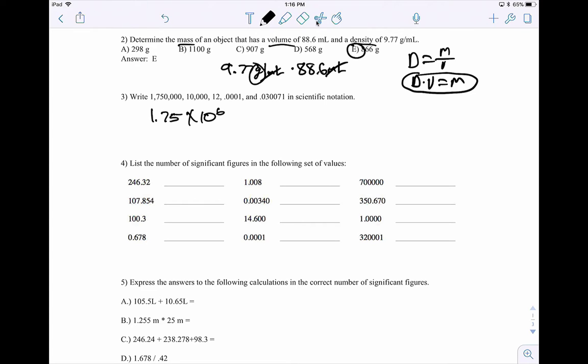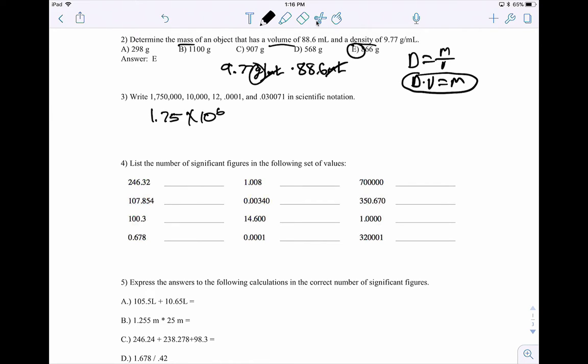If we move the decimal over 6 places back to the right, we should get this original number. So let's see. 175, and we had 1, 2, 3, 4 zeros. So 1, 2, 3, 4, 5, 6. So that's how you know if you have written the number correctly in scientific notation.